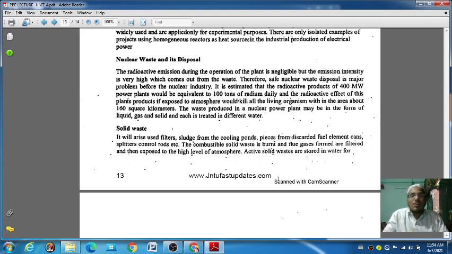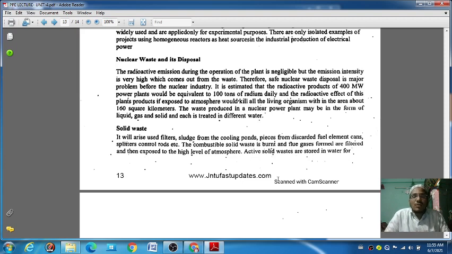We can see that in the olden days, but nowadays it is an estimation that the radioactive products of a 400 megawatt power plant would be equivalent to 100 tons of radium daily, and the radioactive effects of these plant products, if exposed to the atmosphere, would kill all the living organisms within an area of about 160 square kilometers. So this is very, very dangerous for us.